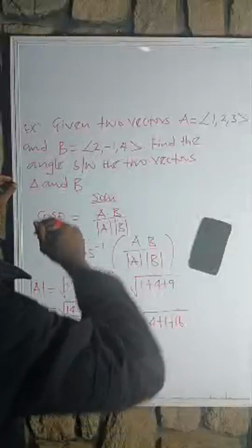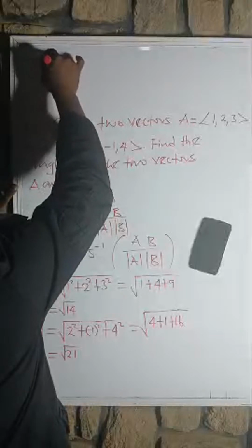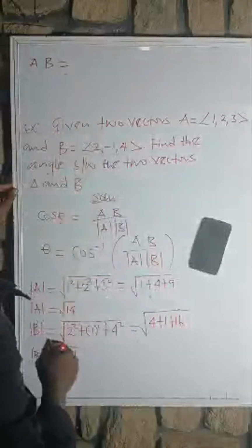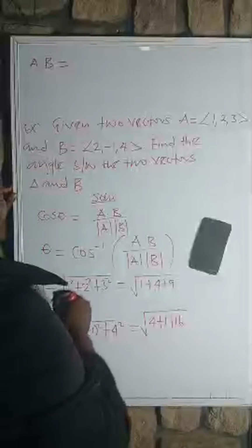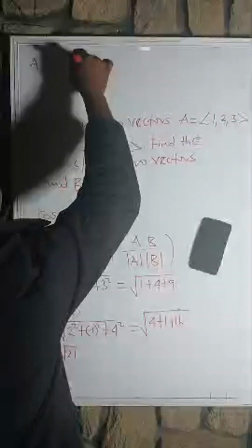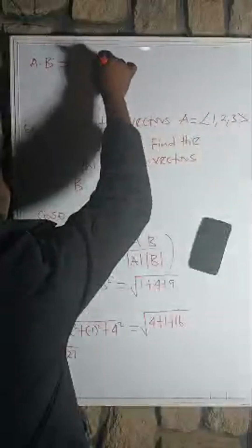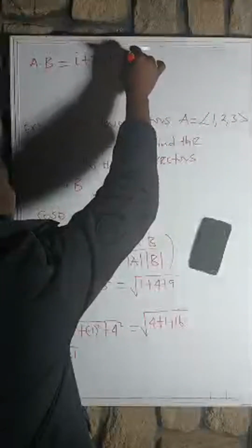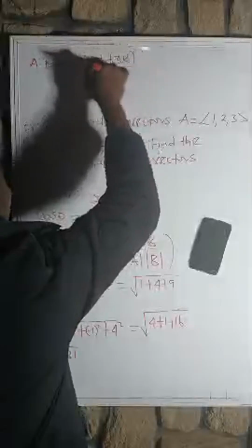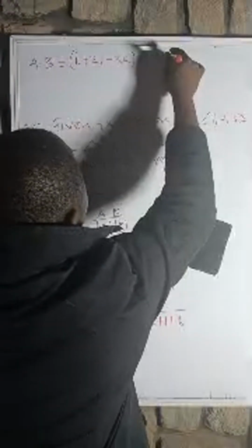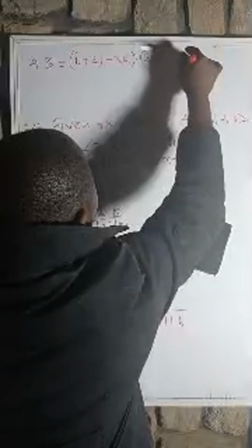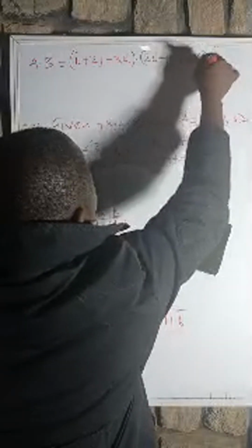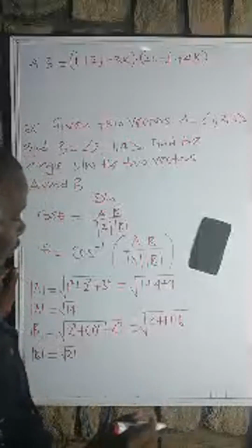A dot B is equal to i plus 2j plus 3k, dot 2i minus j plus 4k. I want us to understand one thing.